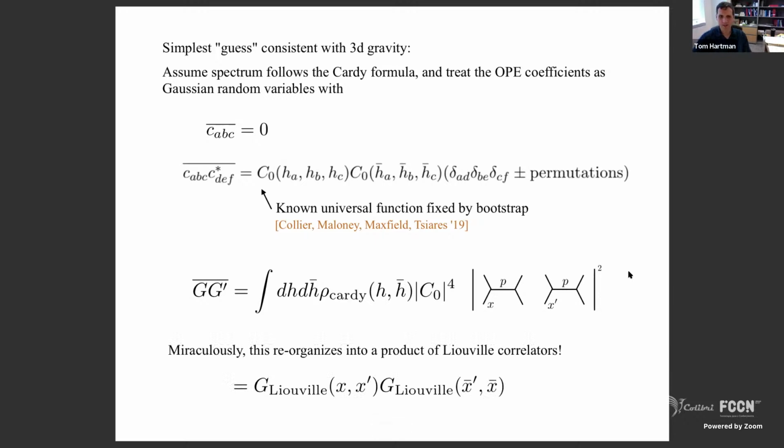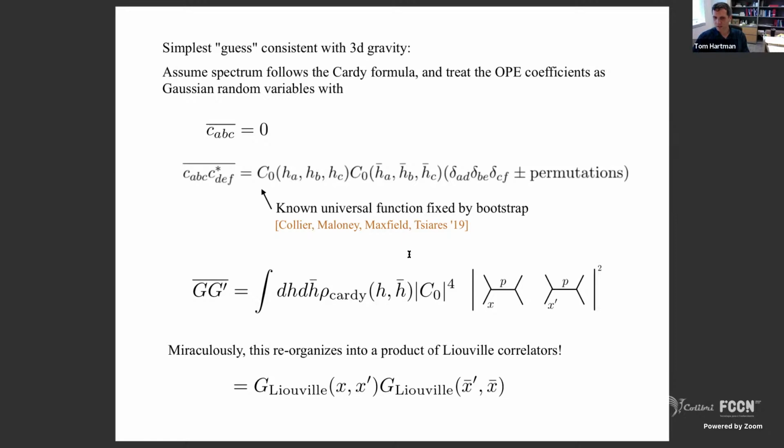Well, miraculously, this reorganizes into a product of Liouville correlators. This universal function C0 is related to the DOZZ structure constants of Liouville CFT, that is, to the 3-point functions of a Liouville CFT. So there's an explicit formula for this C0. There's also an explicit formula for the 3-point functions in Liouville CFT.